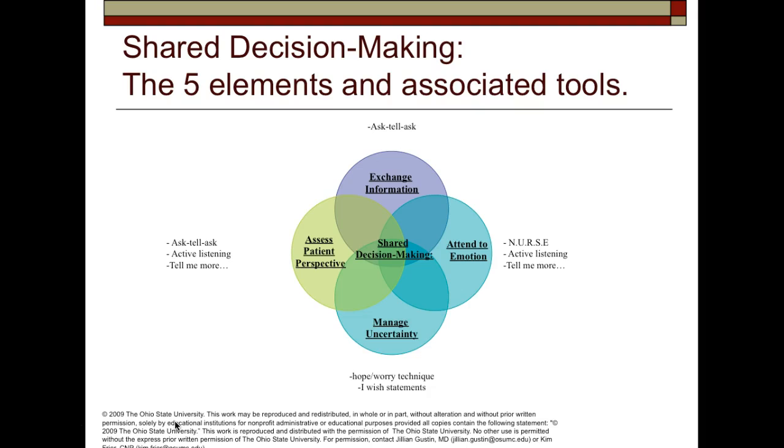So let's start with assessing patient perspective, which will use the tools Ask, Tell, Ask, Active Listening, and Tell Me More. And we're going to spend time with Ask, Tell, Ask under Exchange Information.